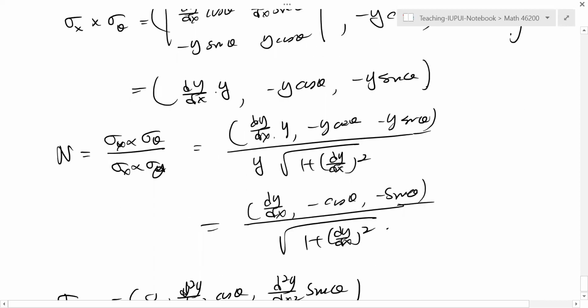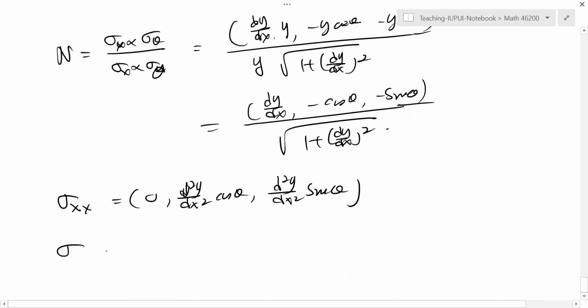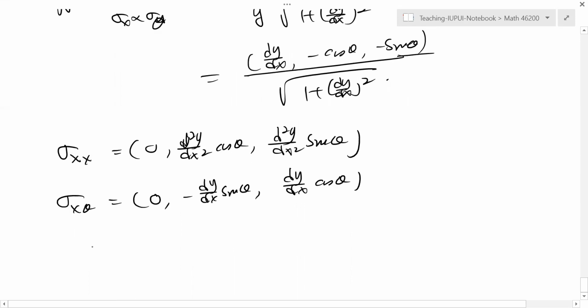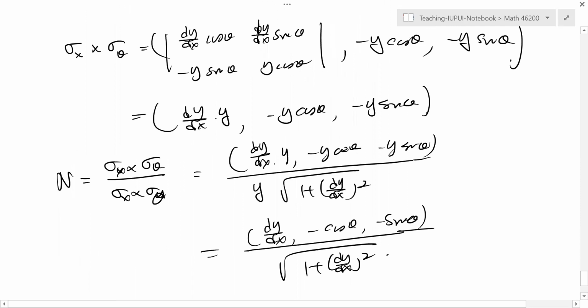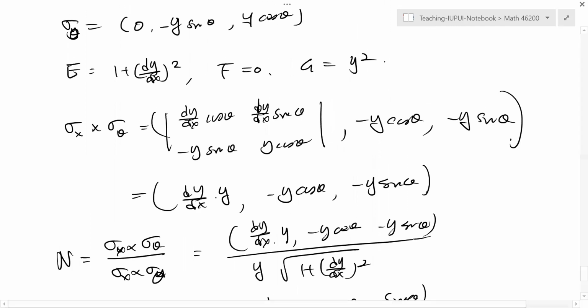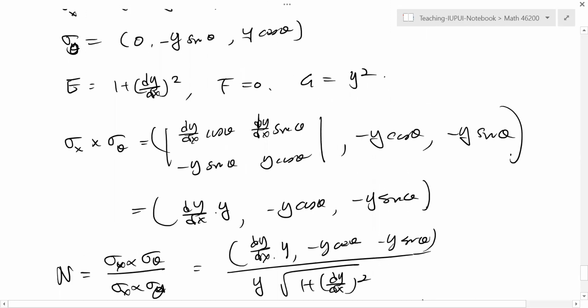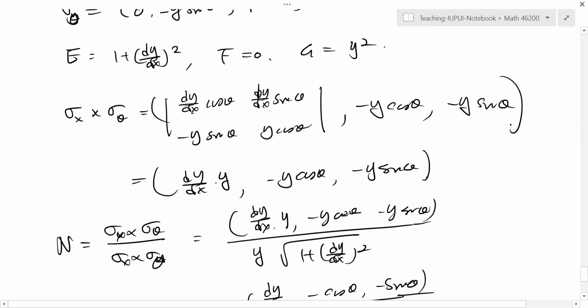Okay. That's sigma theta. This is negative dy/dx sine theta, dy/dx cosine theta. And then I have to differentiate with respect to theta. Okay, it's going to be cosine and sine back.